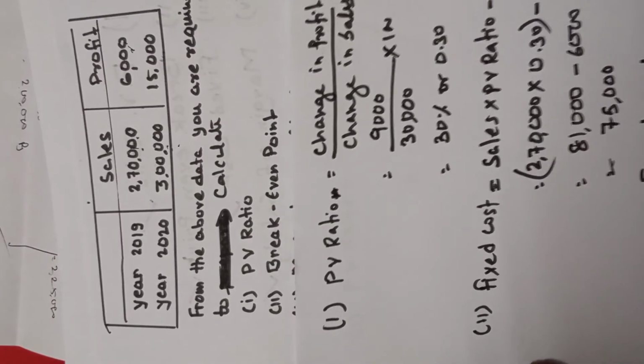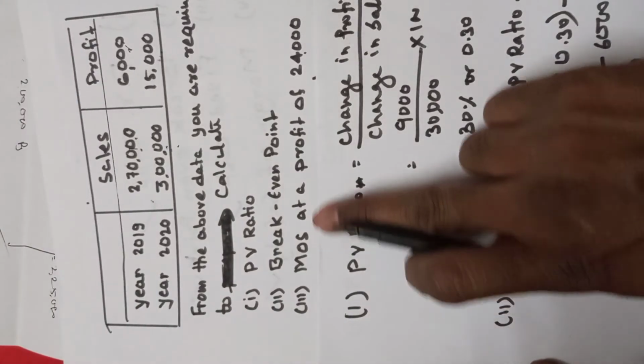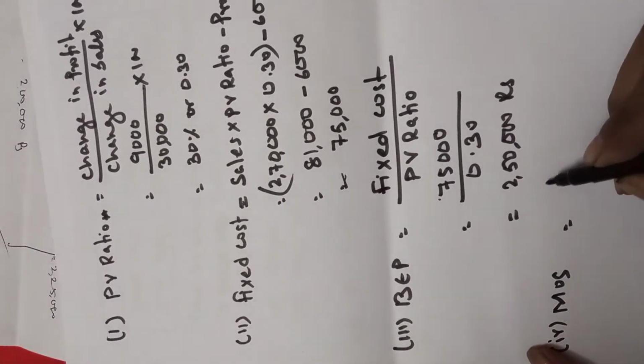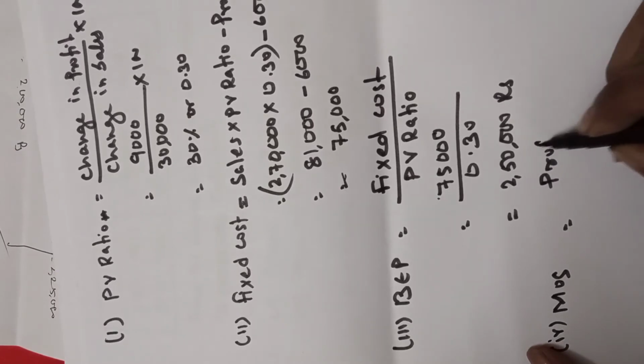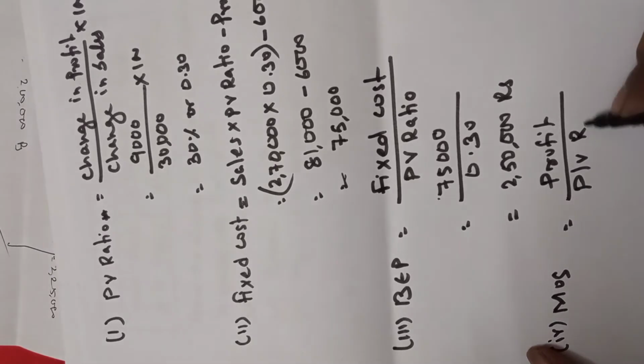The fourth point is margin of safety at a profit of rupees 24,000. The margin of safety formula is profit by PV ratio.